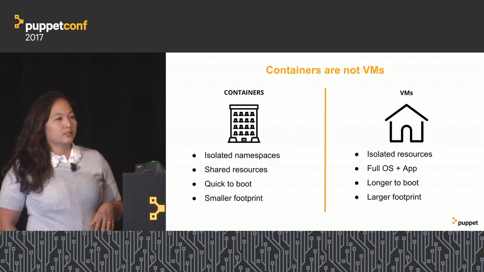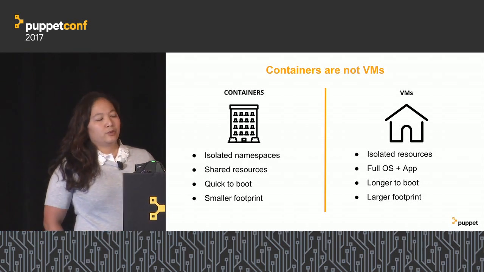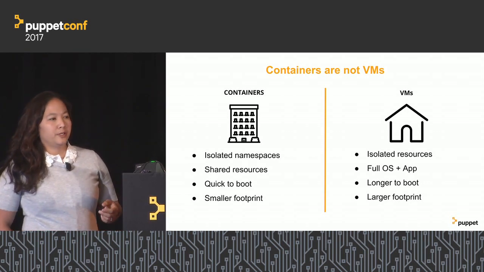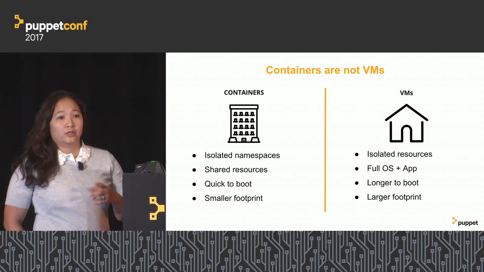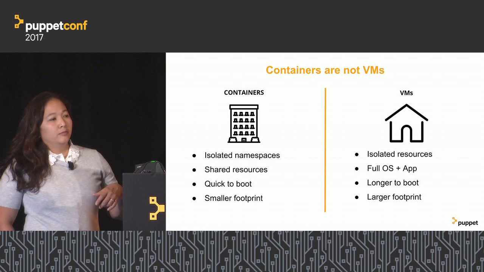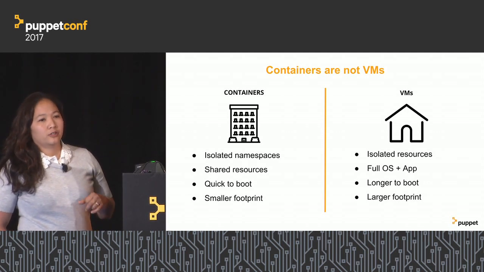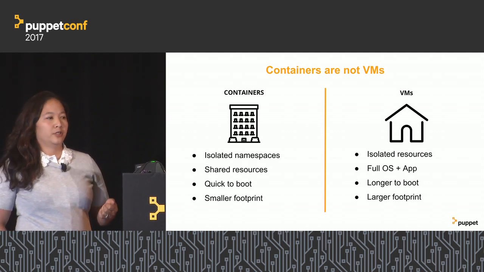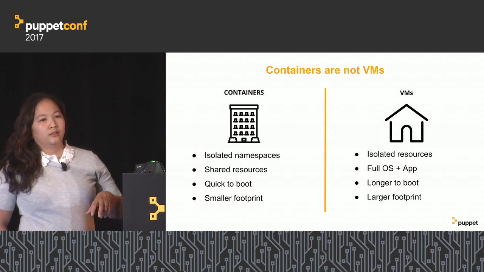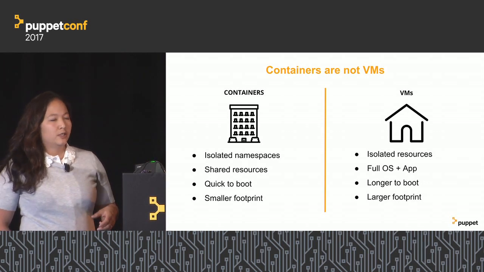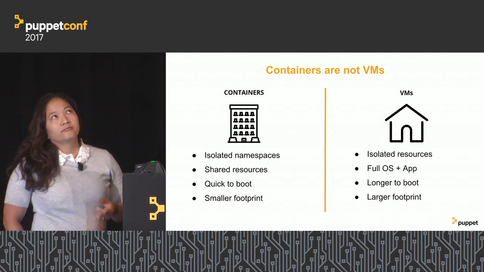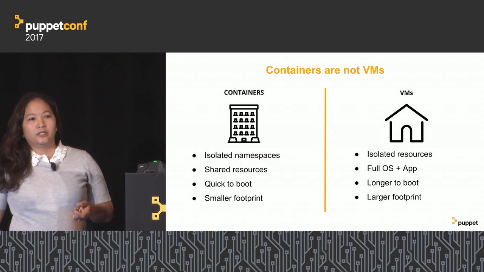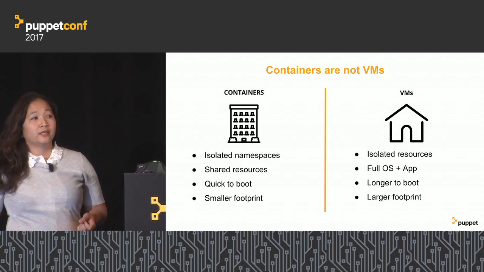That's where containers are similar to apartments, because they are that isolated namespace, but they also share an infrastructure. Because they're sharing the kernel of the host, it gives them the ability to boot quickly. And also they're sharing the operating system, and they're a smaller footprint. So the Alpine image in a Docker container is about 5.5 megs.